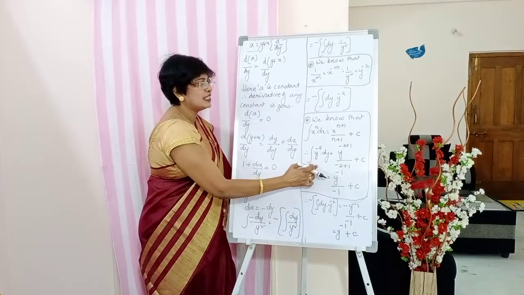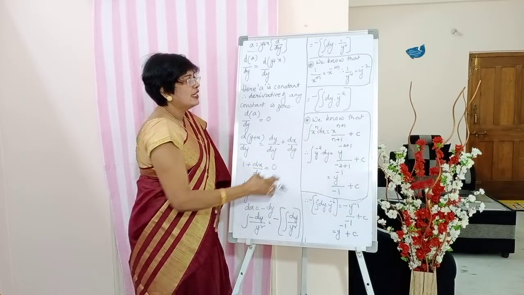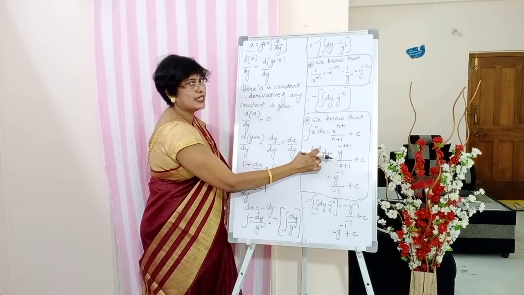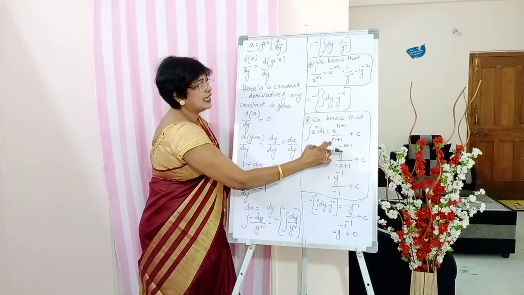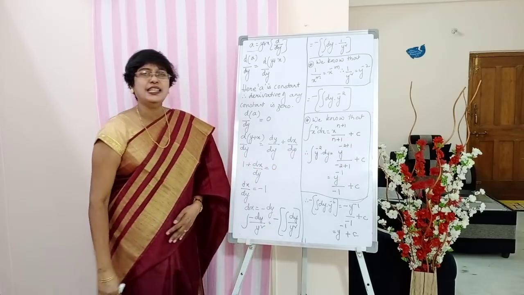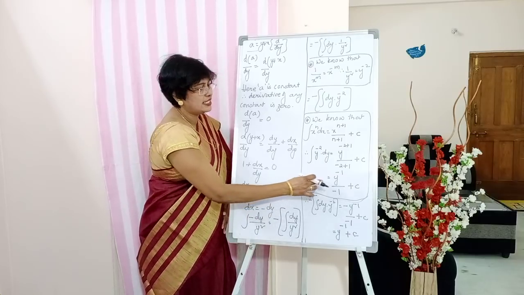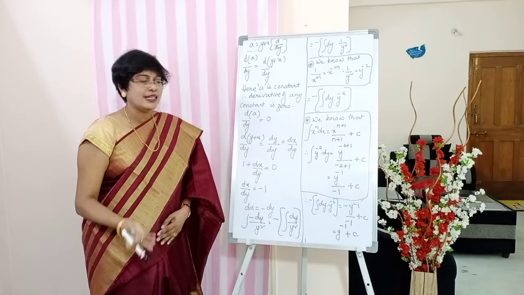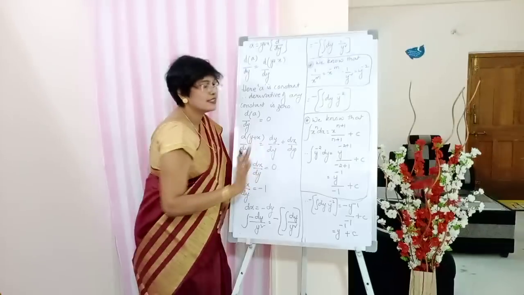So the solution of this will be equal to, in the place of x write down y, and in the place of n plus 1 we will write minus 2 plus 1, divided by minus 2 plus 1, plus c. C is a constant. Okay. Now you can do it easily. Is equal to minus 2 plus 1, how much? Minus 1, by minus 2 plus 1, minus 1, plus c.